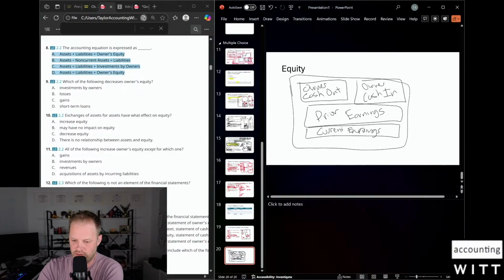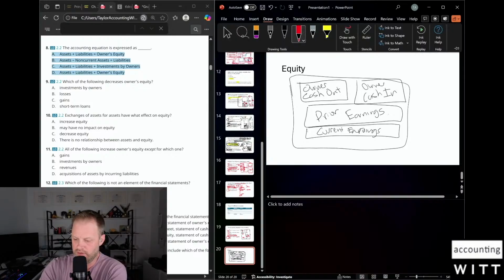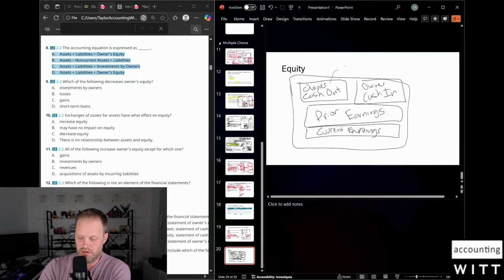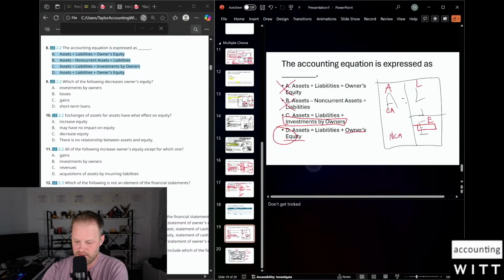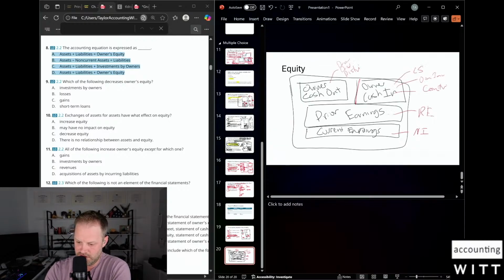All right, so if we're going to go with that, you know, the other terms for this are draw, dividend, distributions. These are common stock, owner's investment, contributions, retained earnings, net income. All right, so every time this says investment by owners, it's just talking about that box only, not the whole box. Don't get tricked.